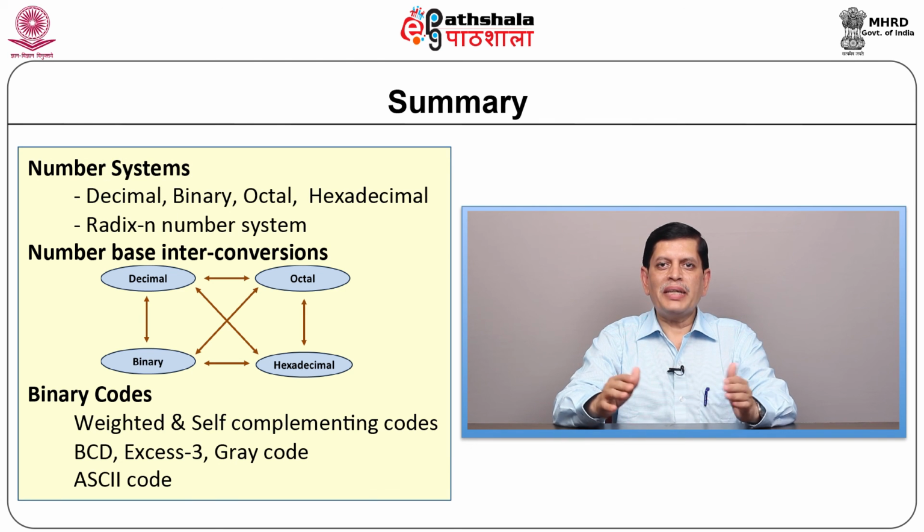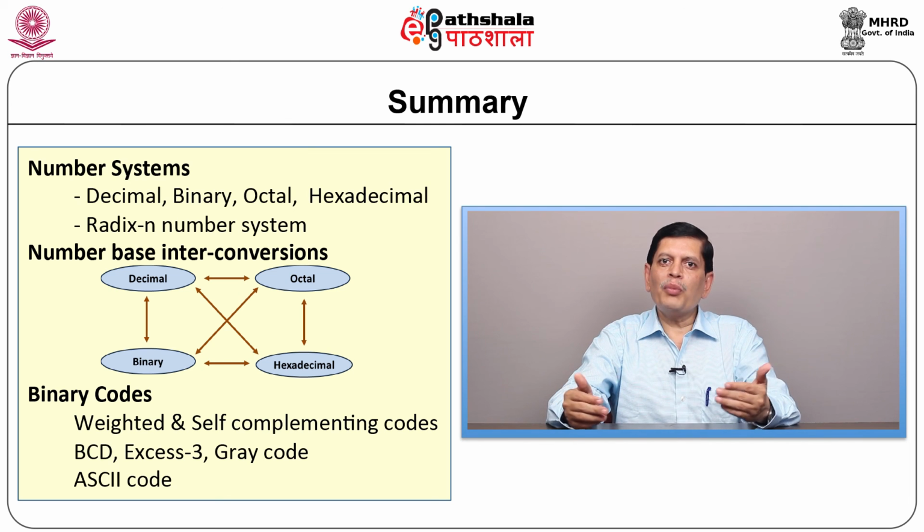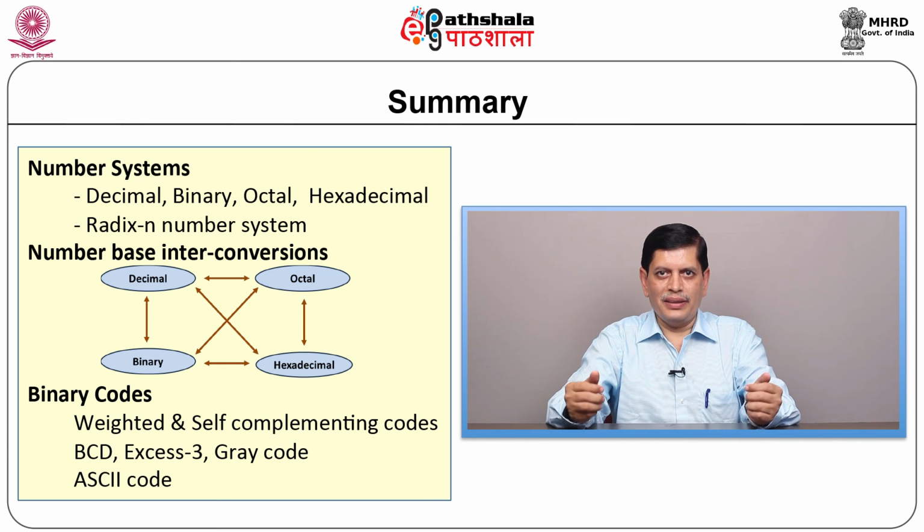Let us know some of the things that we have studied in this module. The number system started with understanding the basic characteristics of the different forms of numbers. We have studied the decimal, binary, octal and hexadecimal, how these could be represented in sum of weights form, or maybe we can have a polynomial representation.